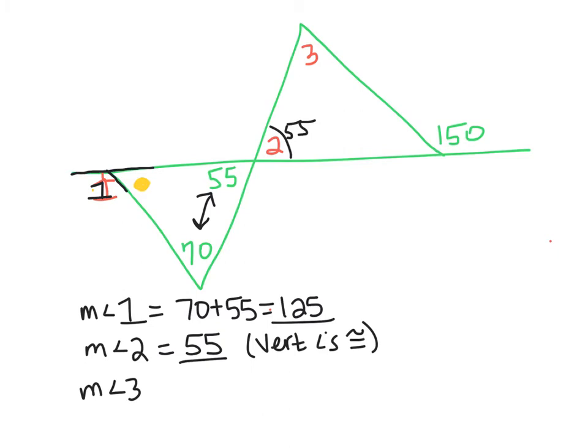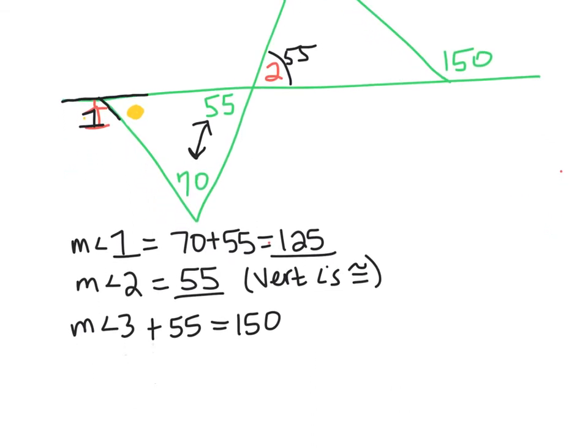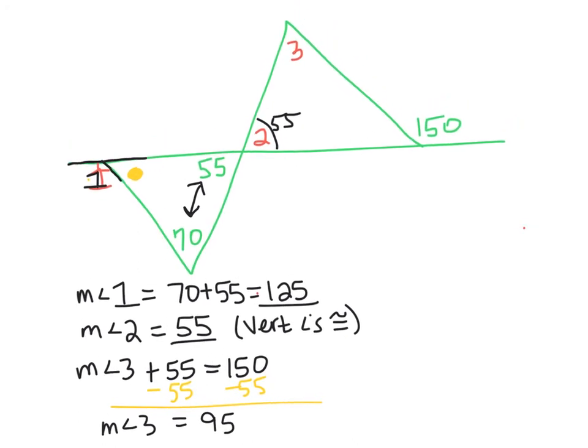So the measure of angle 3 plus 55 equals 150. So 95. Any questions on this one?